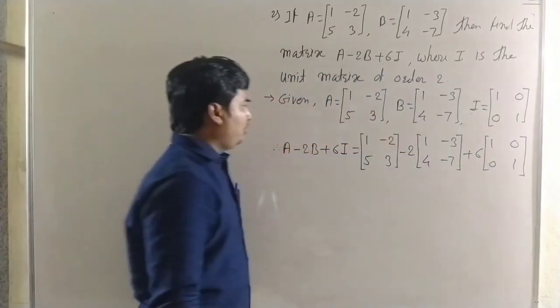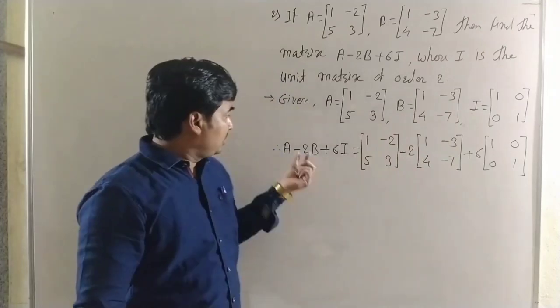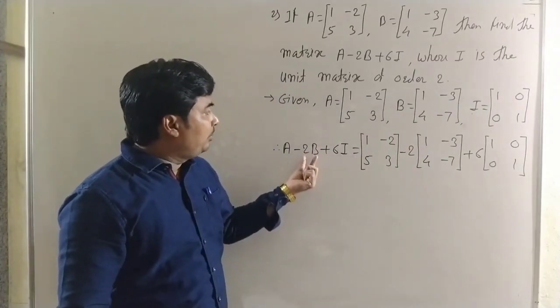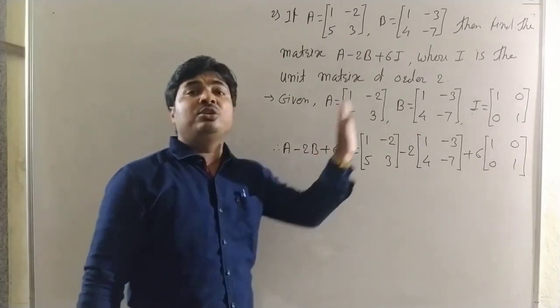Okay, now we find the addition and subtraction of the 3 matrices, but here it is not given directly B, here it is 2B, that is a scalar multiple. 6I, 6 into I matrix.